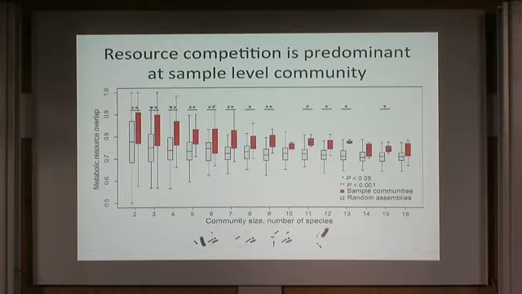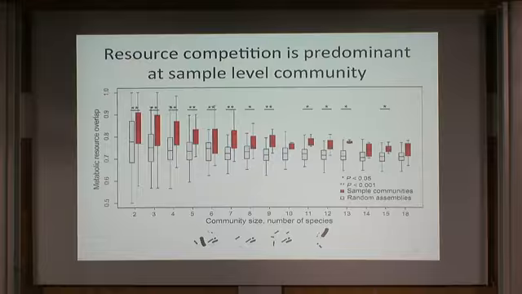Then the idea was, okay, what if we take, not those co-occurring communities, but the whole sample, all the species there, and calculate the same property inside those samples. These are different samples with different numbers of species, and you can see that overall there is a presence of competition, indicated by the higher metabolic resource overlap in those communities.